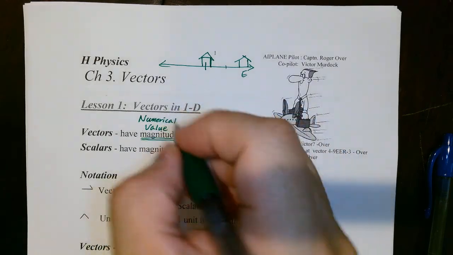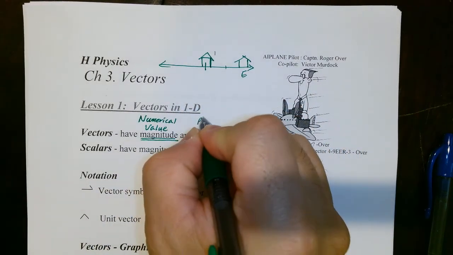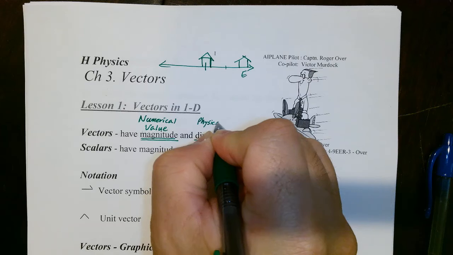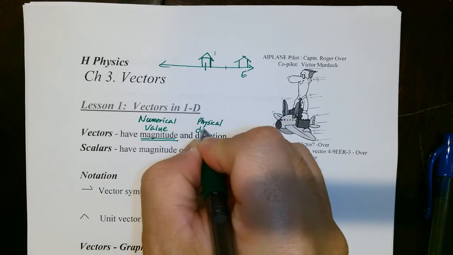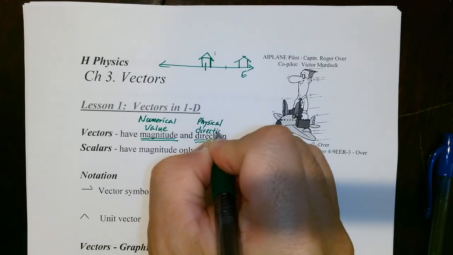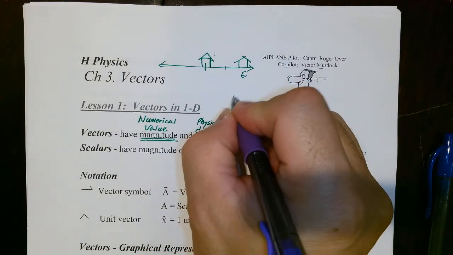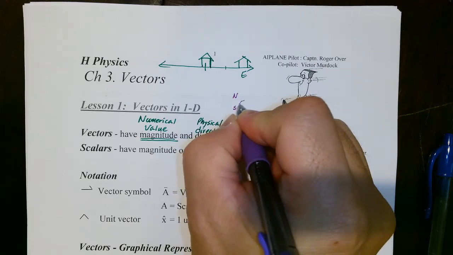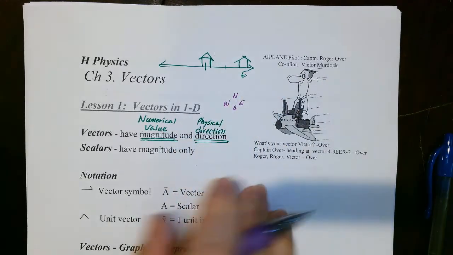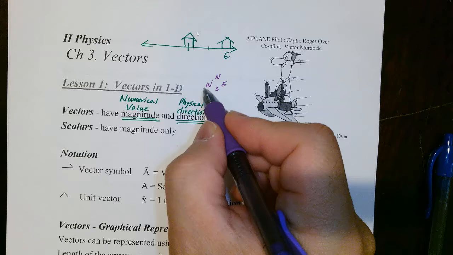Now the direction has to be a physical direction, right? Such as the four cardinal points, right? North, south, east, and west, like never eat soggy waffles, right?